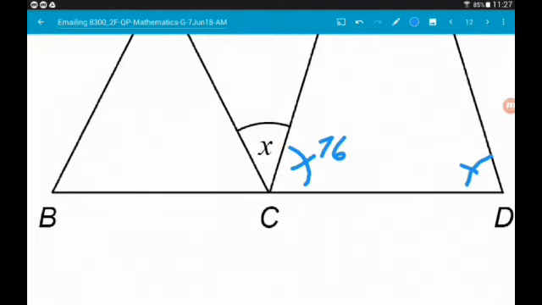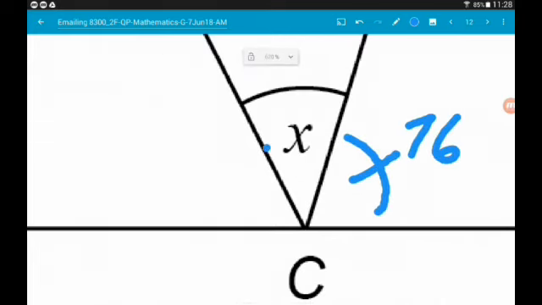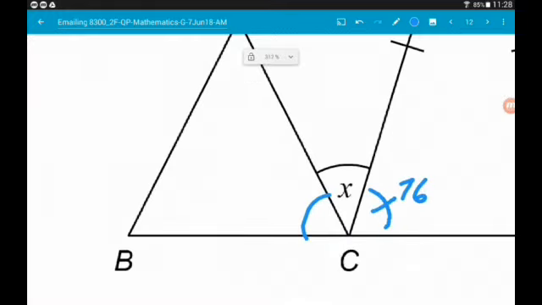Now we know that this 76 degree angle, X, and the third angle on the left are angles on a straight line, so they add to 180. So what would be really handy now is if we could work out this angle, which we can.